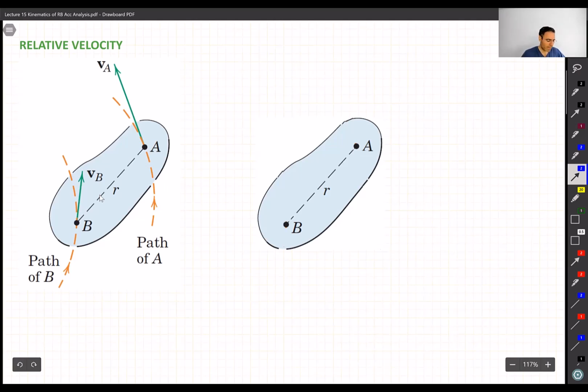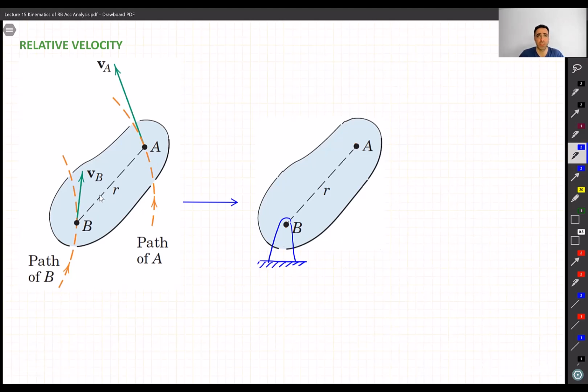For us to do an analysis, we said we can set a point as a reference. It doesn't matter which point, depends on the problem. So if I fix point B to the ground, so I just visualize that I pin it to the ground, which hasn't happened.